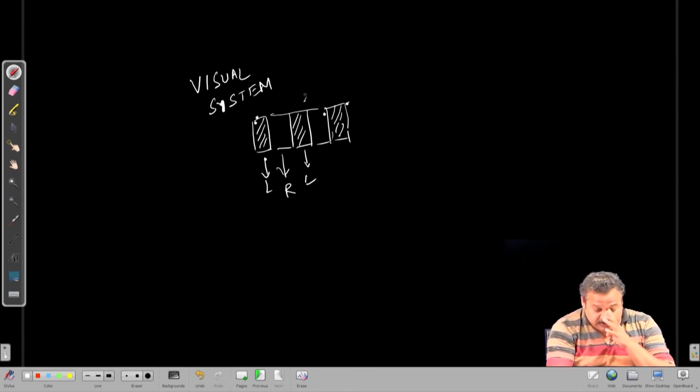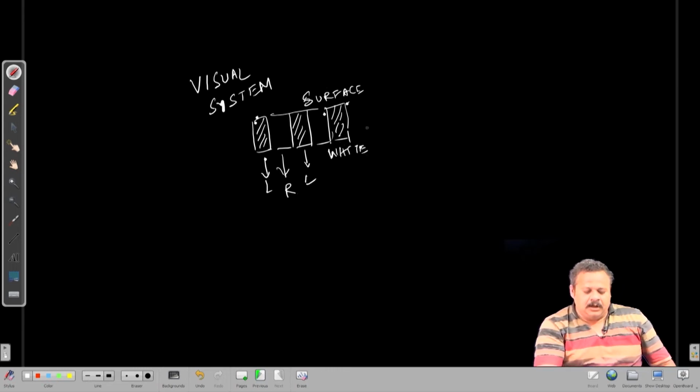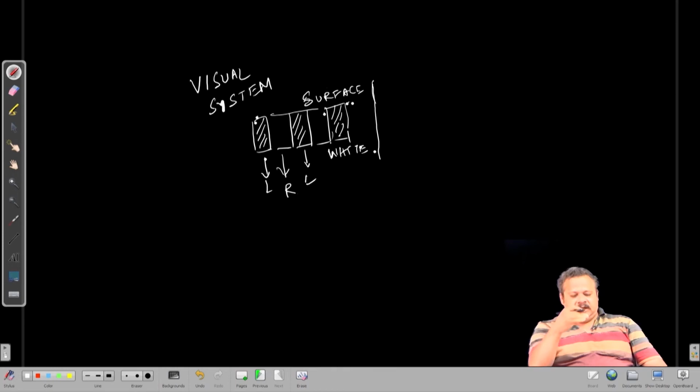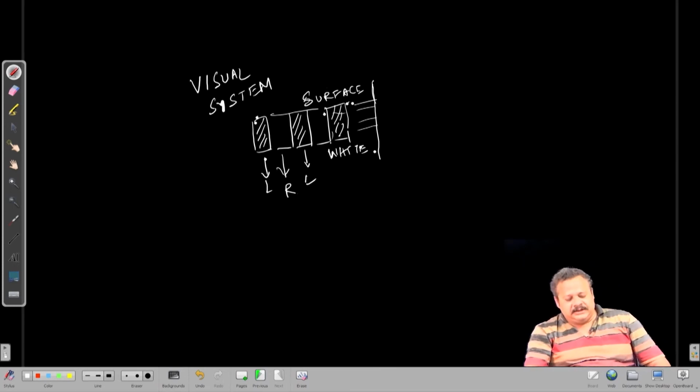So, this is the surface and this is the white matter at the bottom, and the cortical column is along this axis, and the layers are parallel to these lines throughout, layer 1, layer 2 to layer 6.